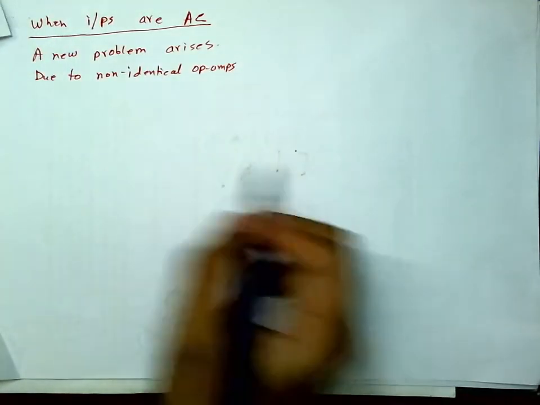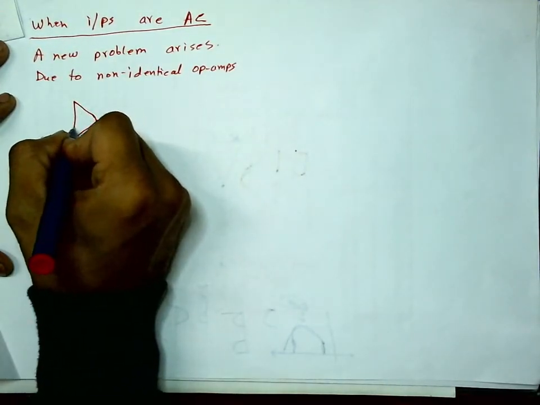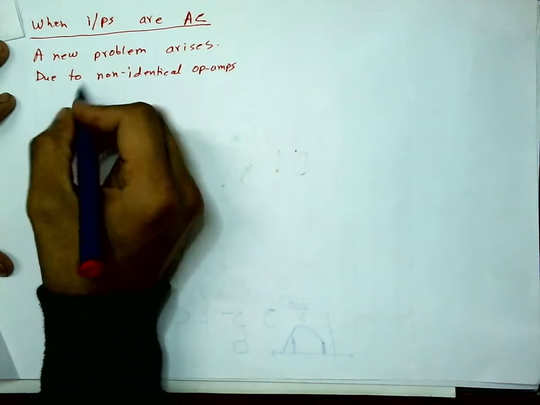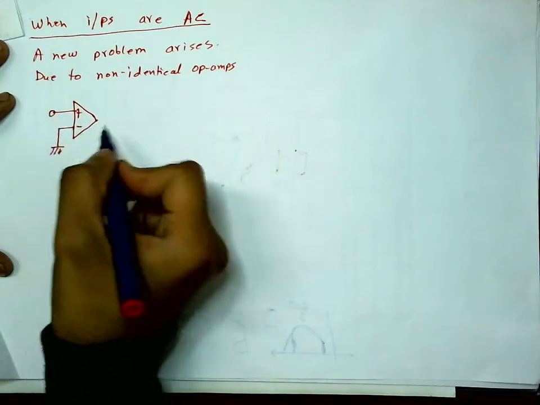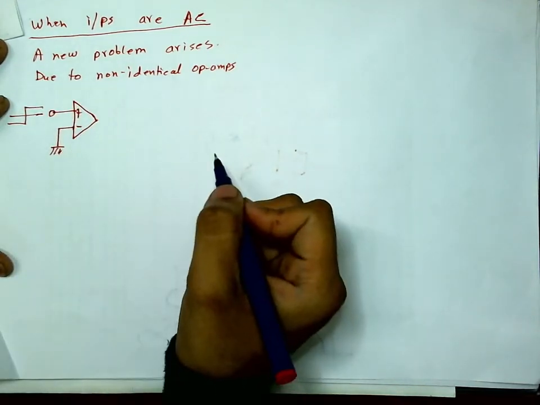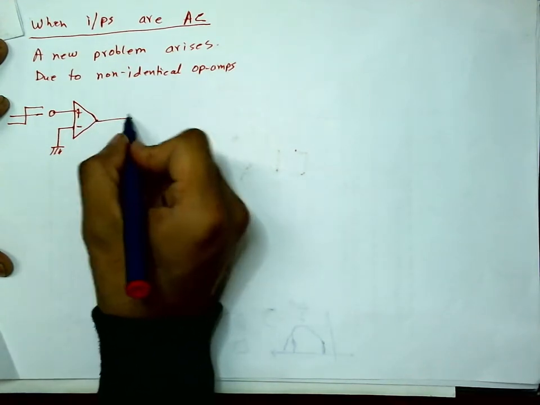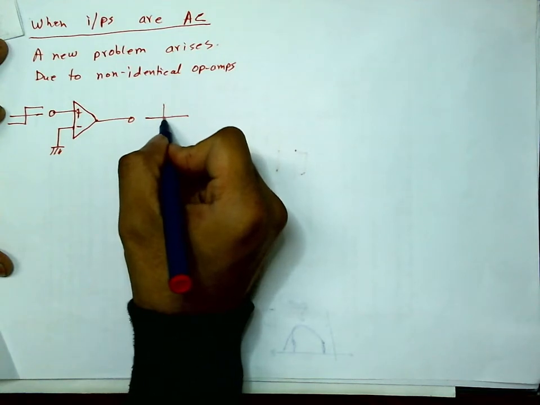So if in an op-amp, suppose I have this terminal grounded, the minus terminal, the plus terminal has a voltage supply which changes like this, minus to plus, then the output here should also change instantaneously at this instant.